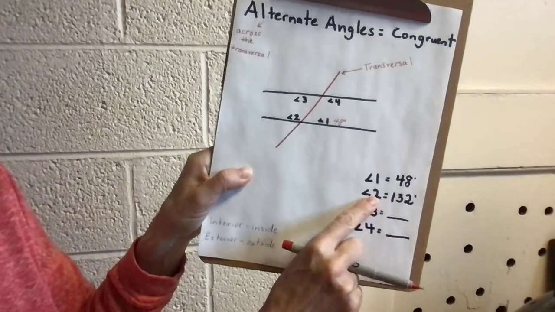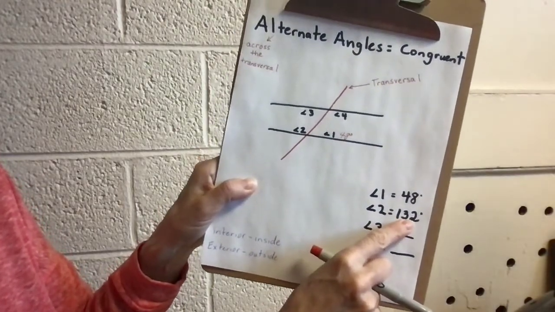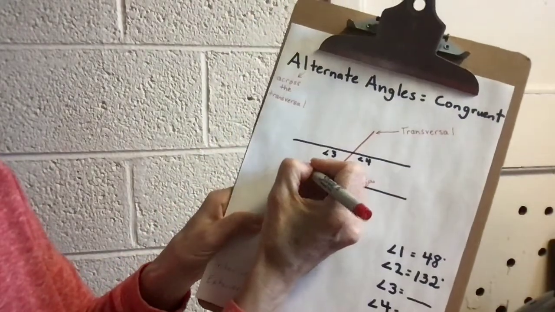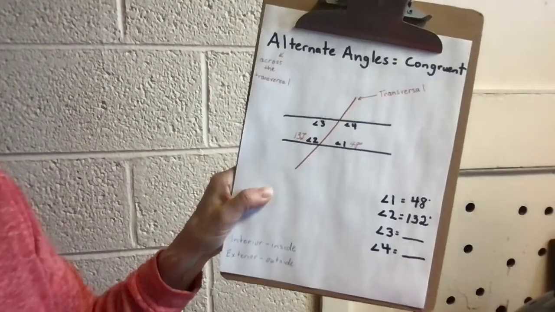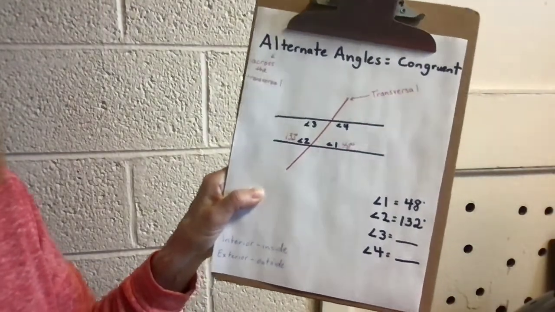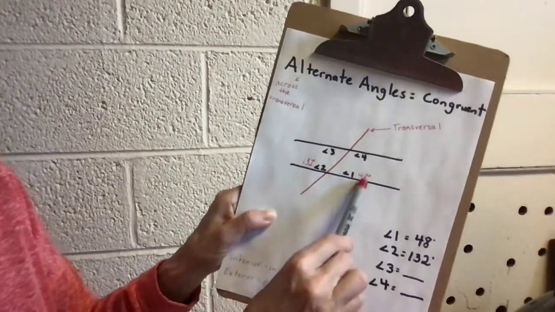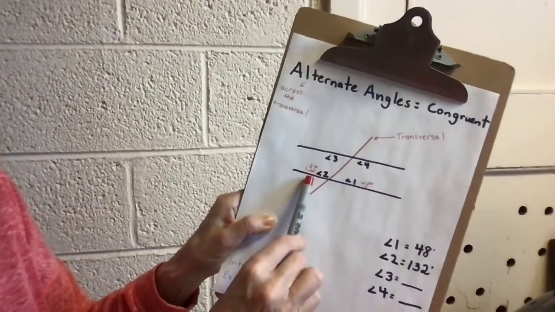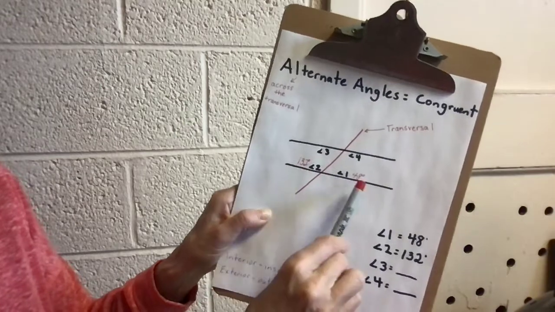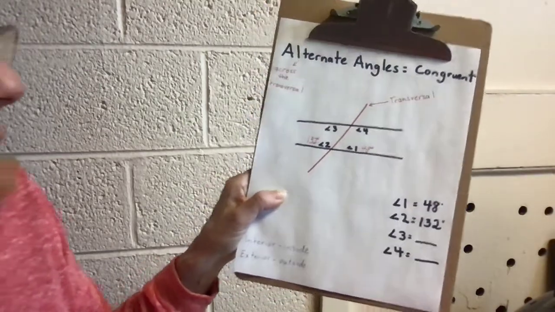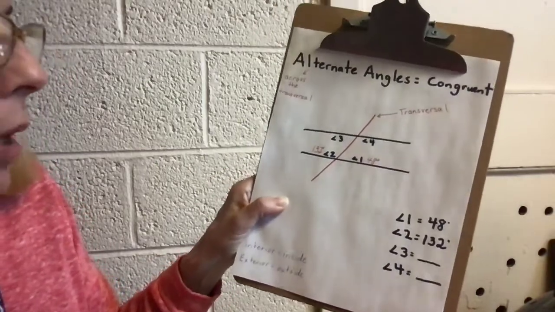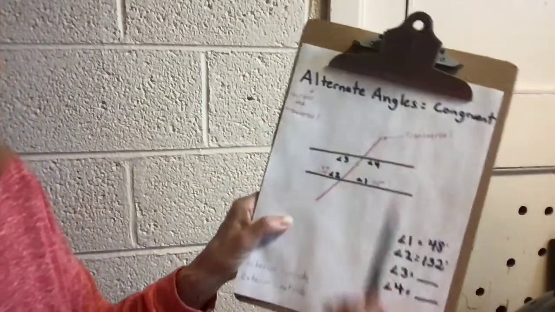They also gave you that angle 2 is 132 degrees, okay? So if we were doing supplementary, you would know that if you add 1 and 2, which is 132 and 48, you would get 180. Okay, that's a review. But we're not doing supplementary, we're doing alternate angles.